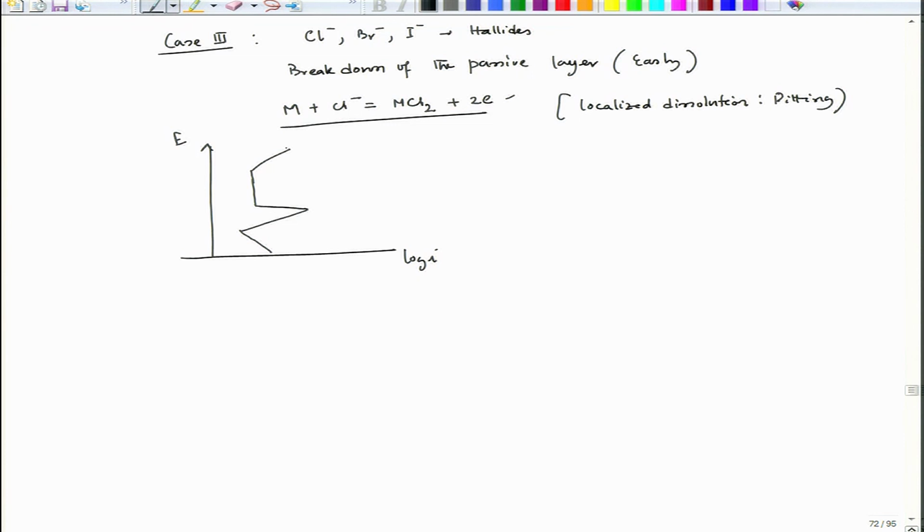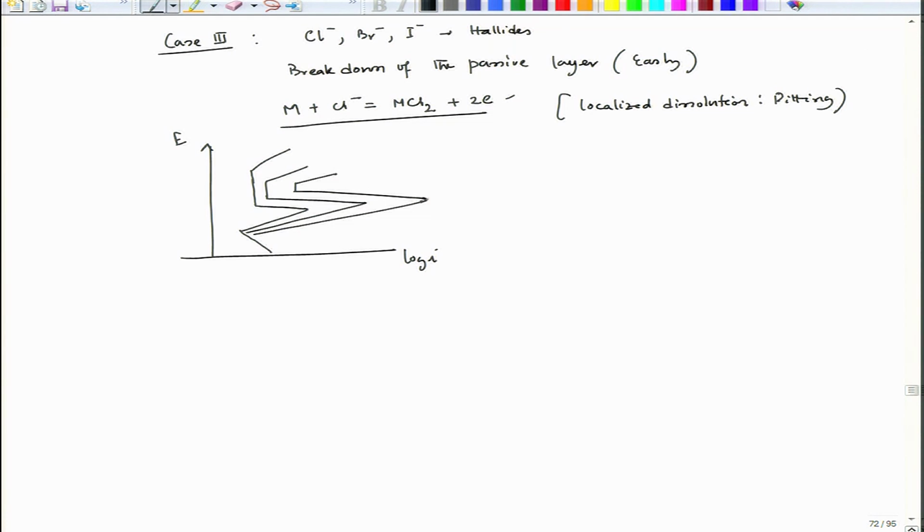I can have this, and I am talking about the breakdown part, then it can have like this, or it can have like this.